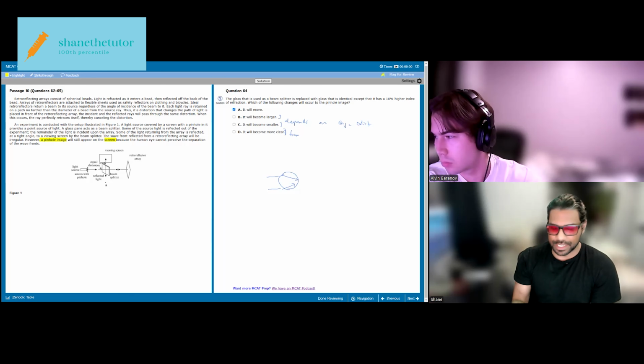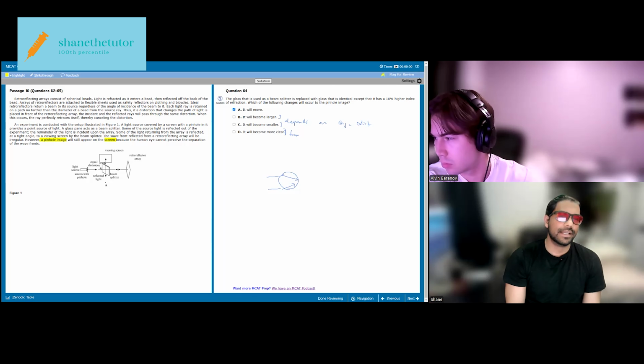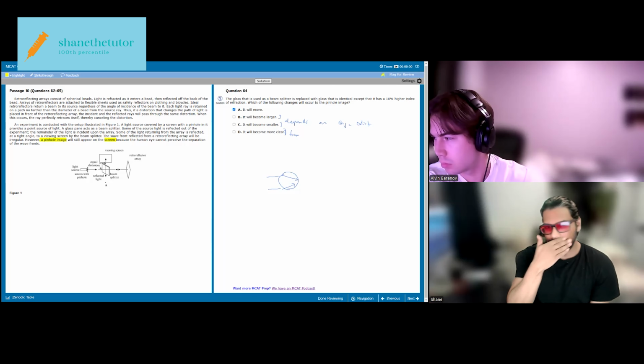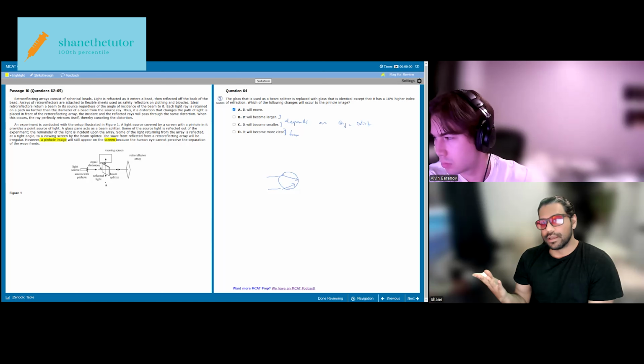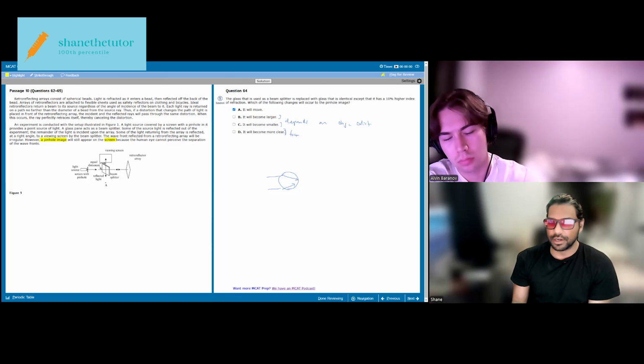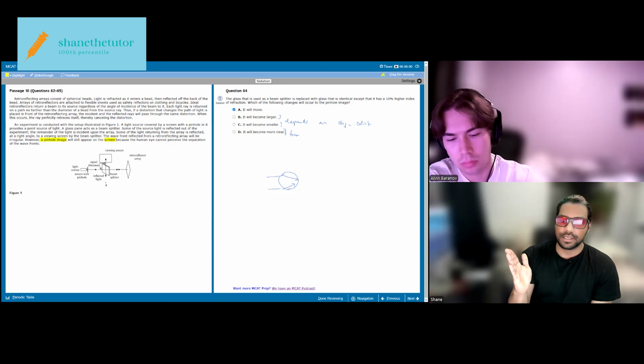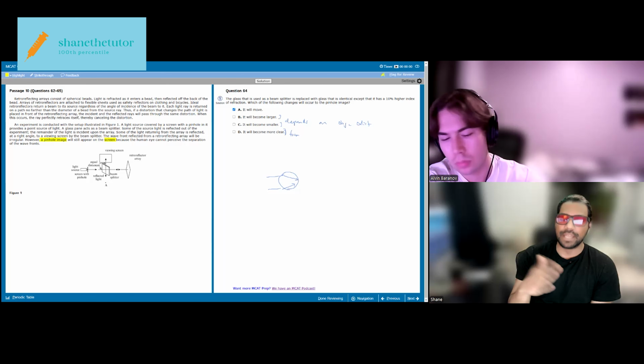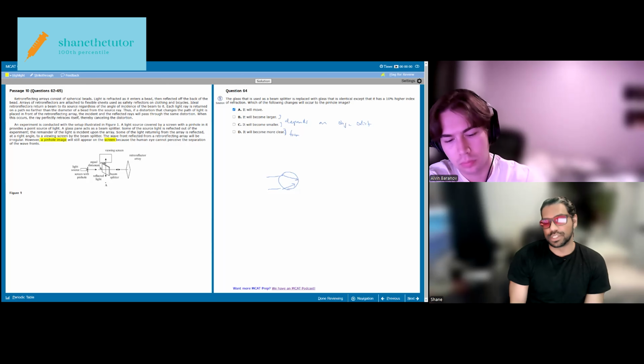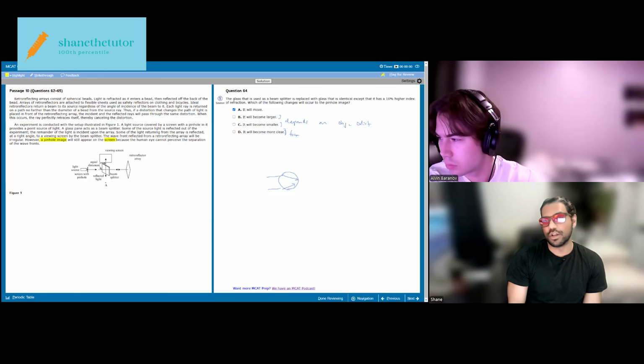If it's a higher index of refraction, the angle of refraction goes down because it moves towards the normal. And if it moves towards the normal, it again won't change anything about the size of the image, and it won't make the image more clear. It just makes the light rays bend closer to the normal, which would result in the pinhole image moving.